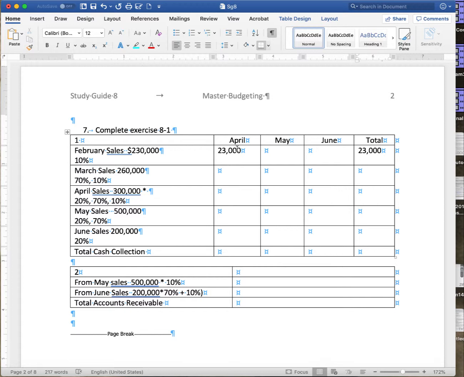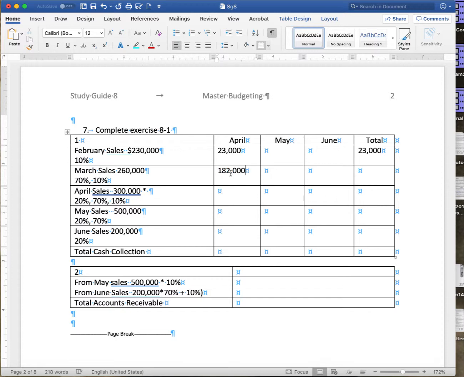Okay, let's go back a month, March. Well, the adage says in the month of the sale, I collect 20%, the month after 70%, 2 months after 10%. Okay, we're in April. Because of that 20-70-10 rule, I know that in April I'm going to collect 70% of March's sales. March's sales were 260,000. So 260,000 times 70% is $182,000.